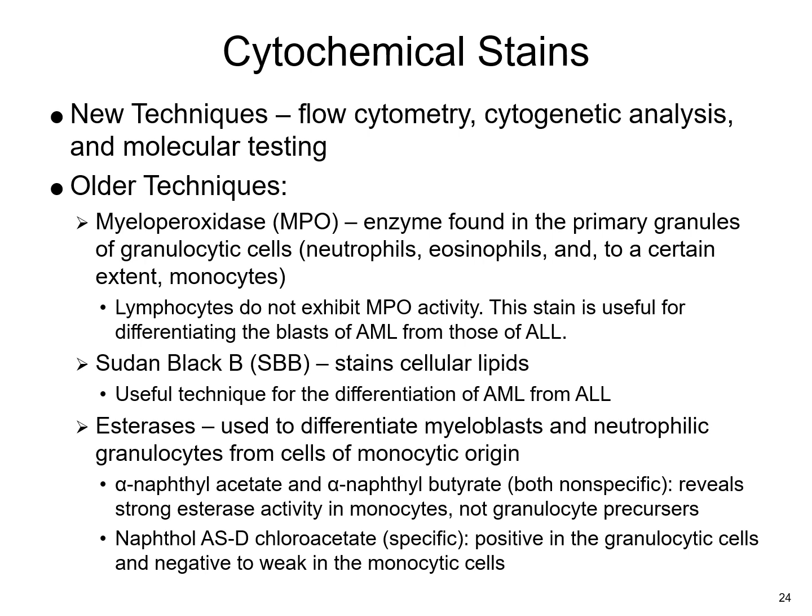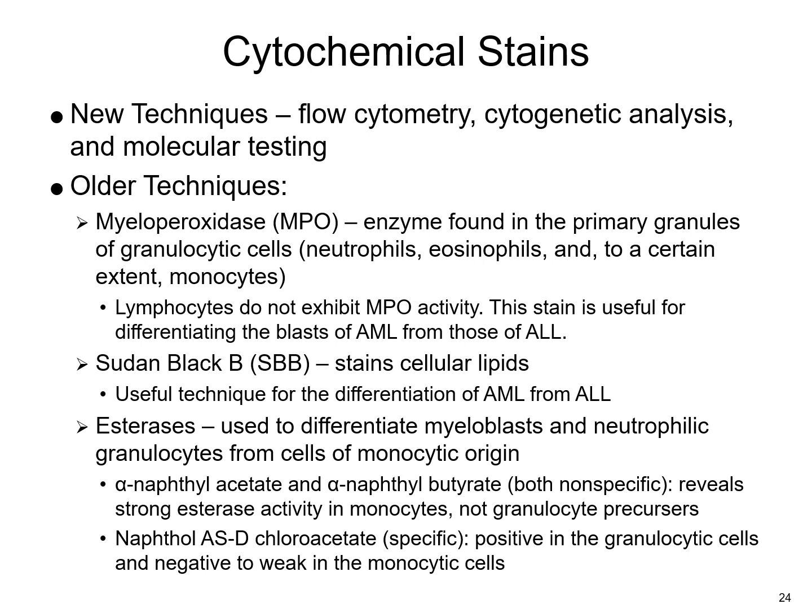So lastly, we're just going to briefly discuss the various cytochemical stains that can be used to help with identifying these particular leukemias. Now, the newer techniques do include flow cytometry, cytogenetic analysis, and molecular testing. However, some of the older techniques that you may still find in practice include myeloperoxidase, the enzyme found in the primary granules of granulocytes. They exhibit myeloperoxidase activity.